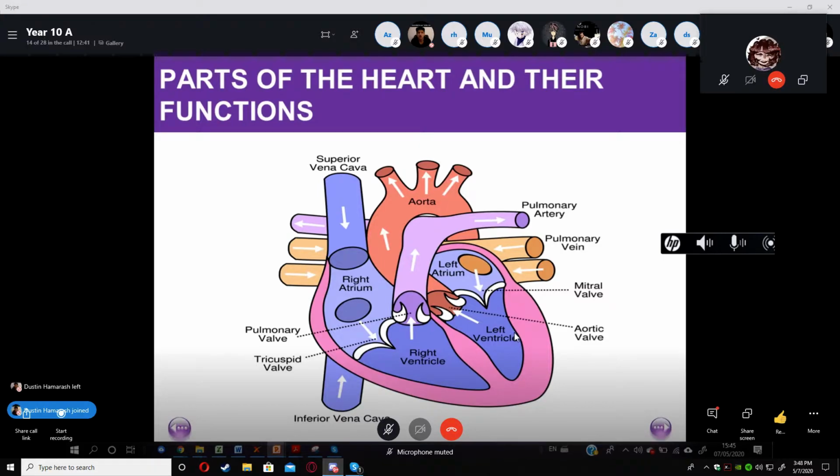So between the atria and the ventricles, there are these valves, right? Between the left atrium and left ventricle, there is this valve. This is called a bicuspid valve. Bicuspid. Okay, you'll come to know about this in a minute. Now, it's also called the mitral valve.